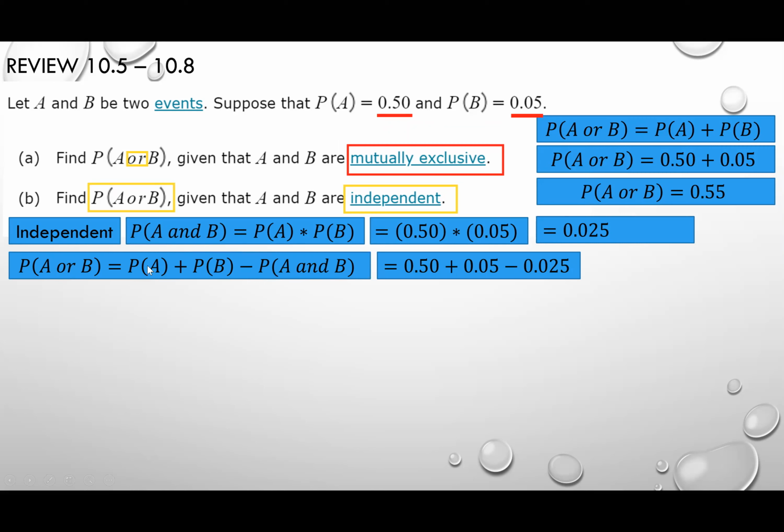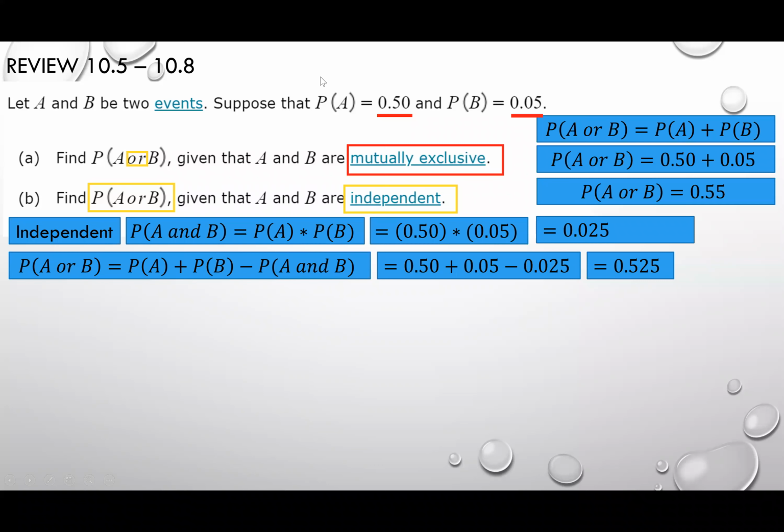You plug in probability of A is 0.5, probability of B is 0.05, minus the probability of A and B, which we just found is 0.05. So this is probability of A or B if they are independent.